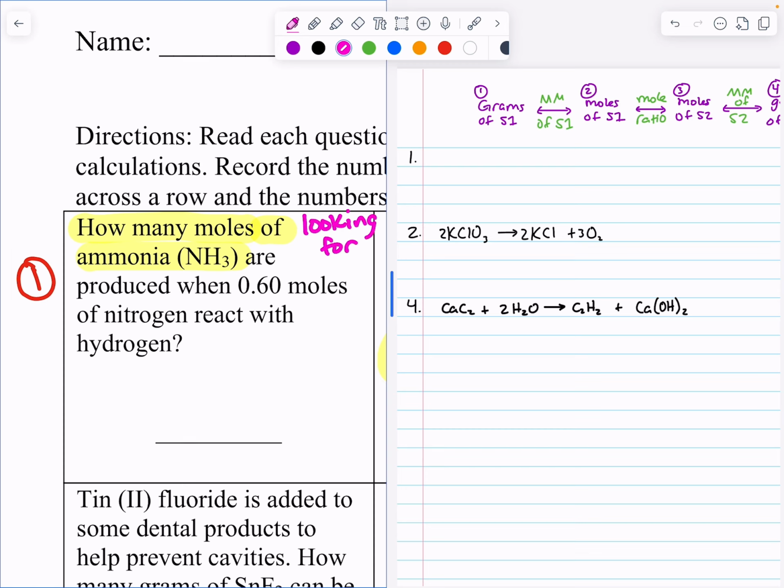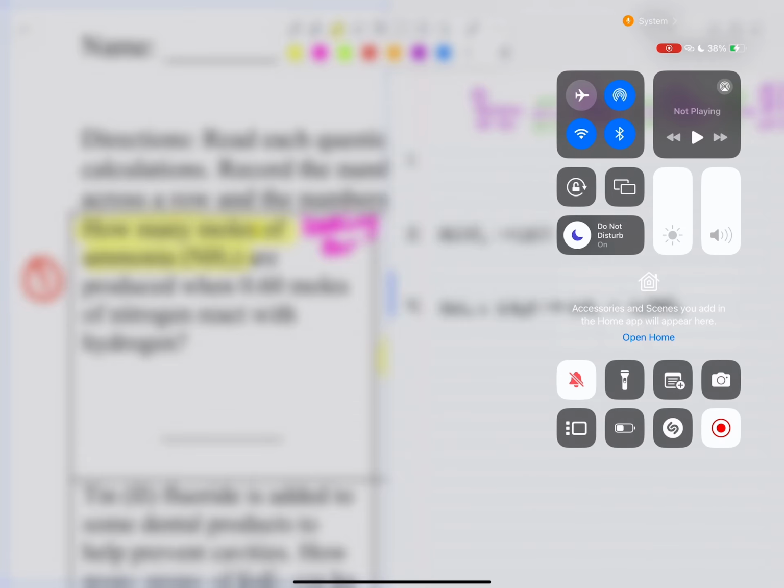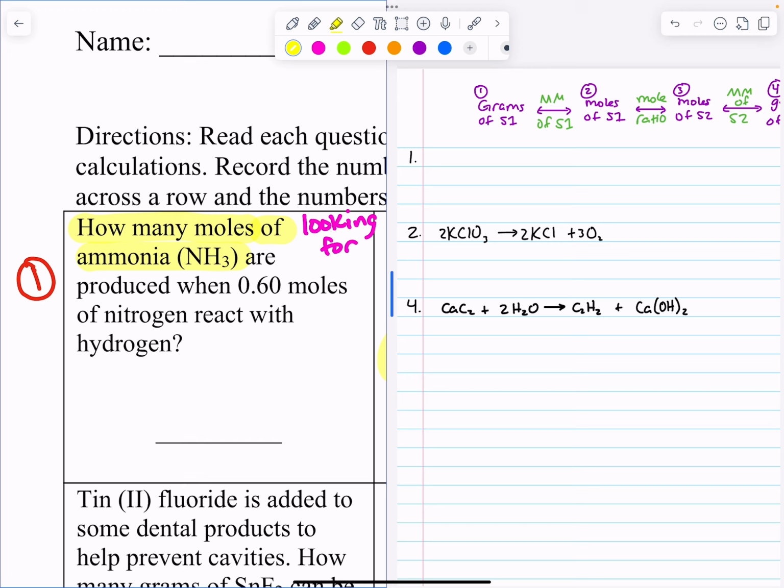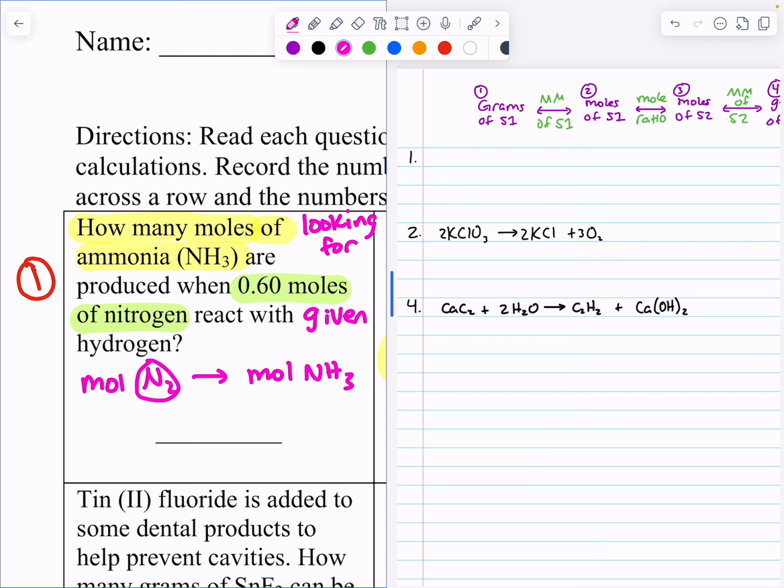How many moles of ammonia are produced when 0.60 moles of nitrogen react with hydrogen? So it gives us 0.60 moles of nitrogen. That is our given. So we are given moles of nitrogen, and we are looking for moles of ammonia. You'll see why I put a 2 here in a second.